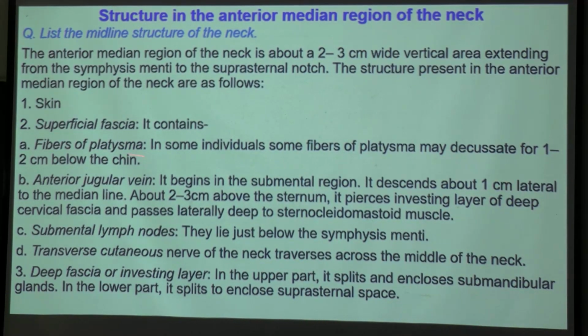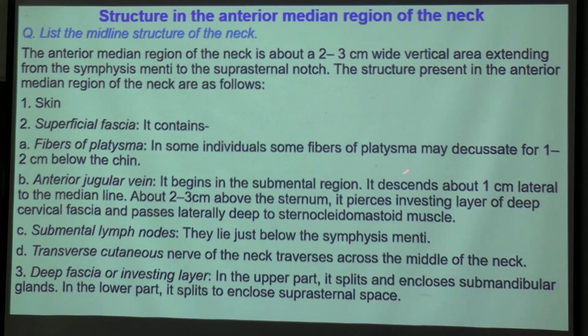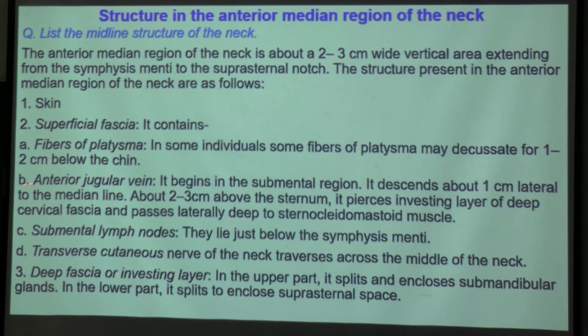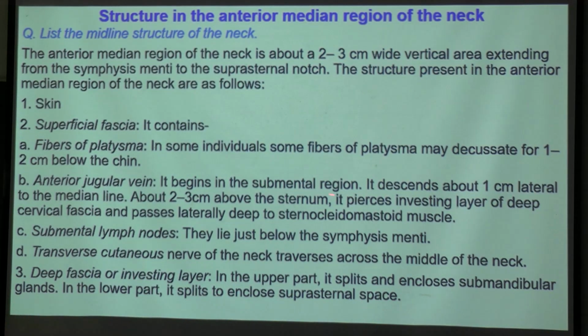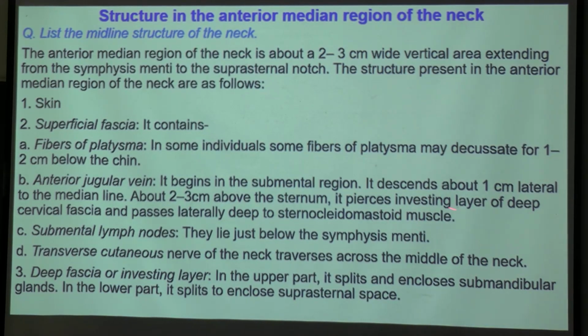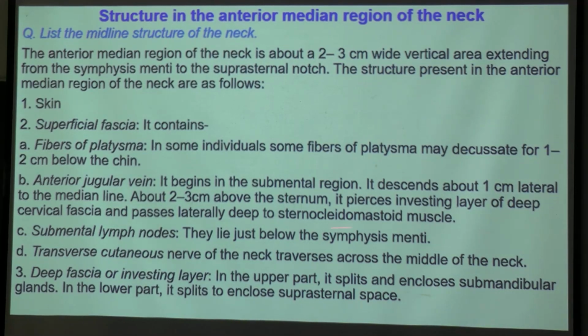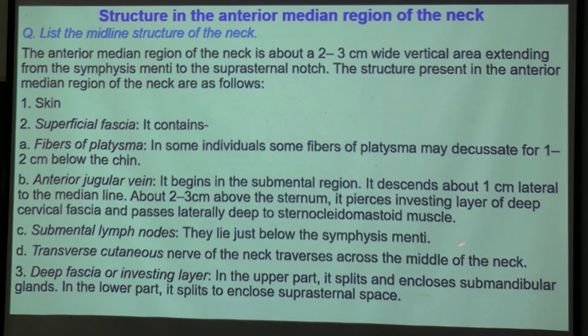It contains the fibers of the platysma, and in some individuals some fibers of platysma may decussate 1 to 2 centimeters below the chin. The anterior jugular vein begins in the submental region. It descends about 1 centimeter lateral to the median region, about 2 to 3 centimeters above the sternum. It pierces the investing layer of deep cervical fascia and passes laterally deep to the sternocleidomastoid muscle.